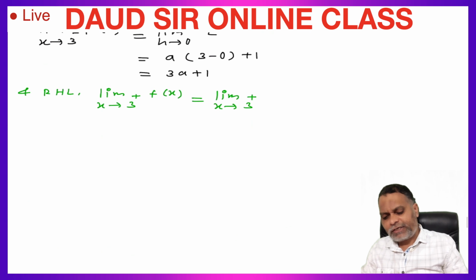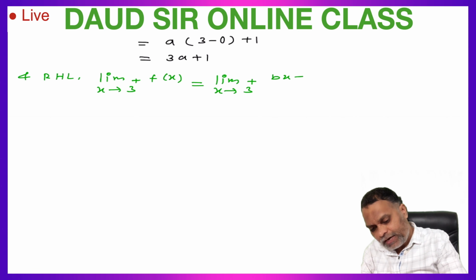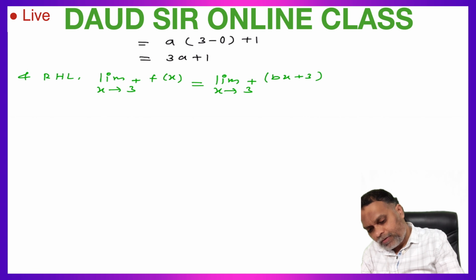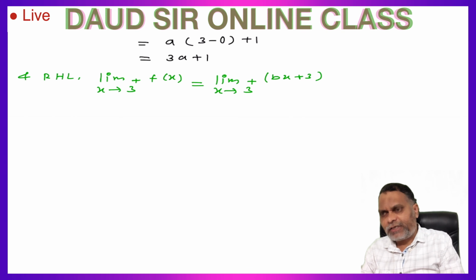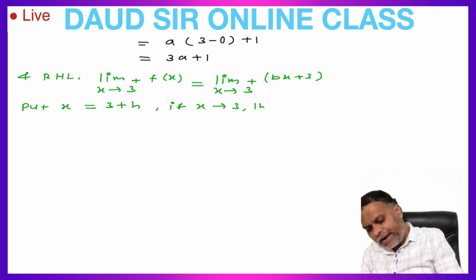Take this function bx plus 3. For right hand limit, we have to put x is equal to a plus h. Here a is equal to 3, so put x is equal to 3 plus h. If x tends to 3, then h tends to 0.